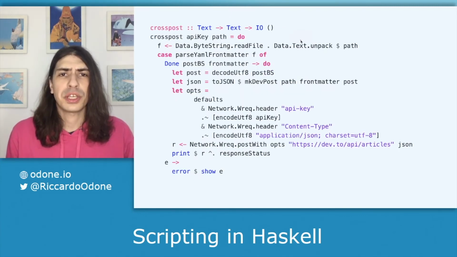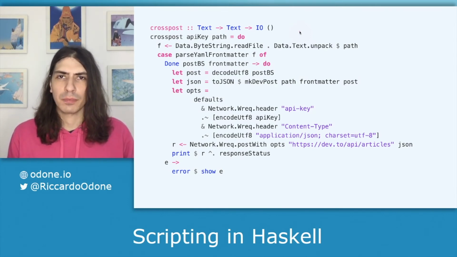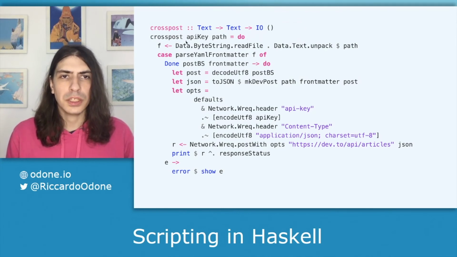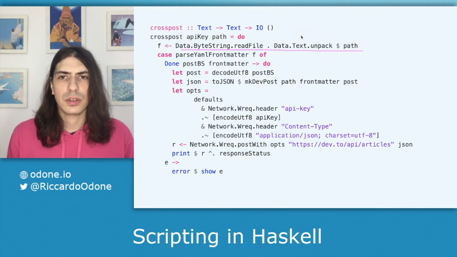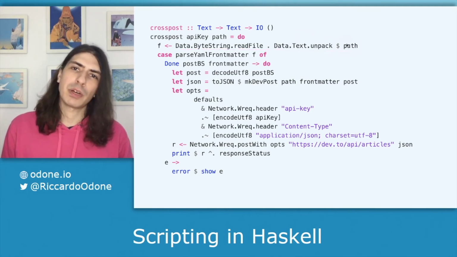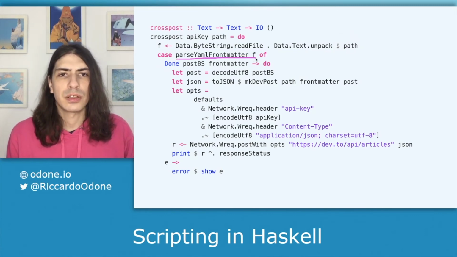Okay, so here we have the core of the script, which is the function that pretty much does the cross-posting. So the idea is that we go and read the blog post that is found at the path that was passed in from the command line. Then we try to parse the front matter.